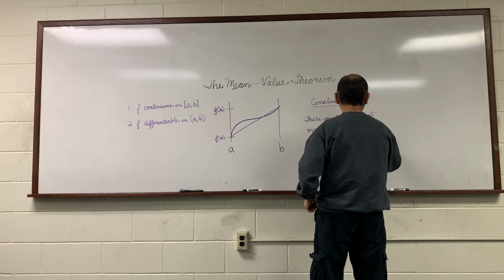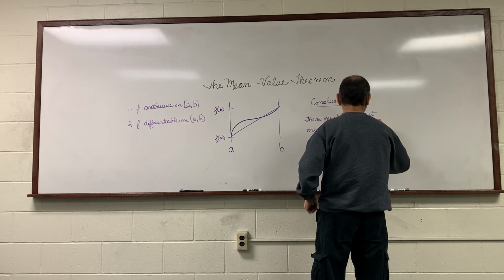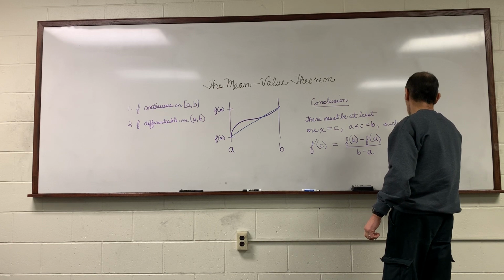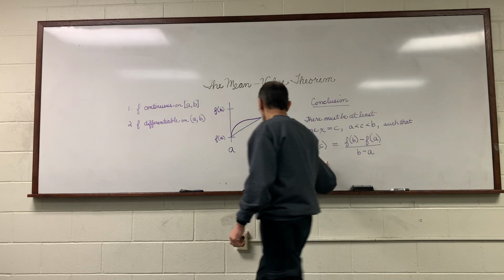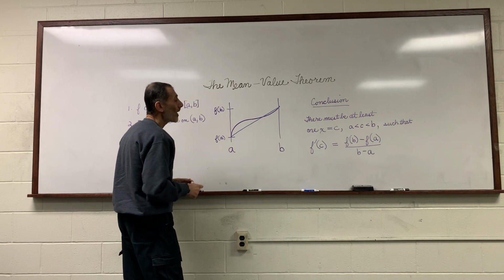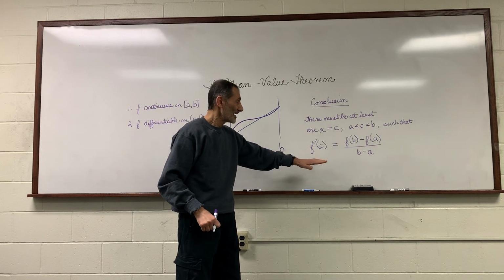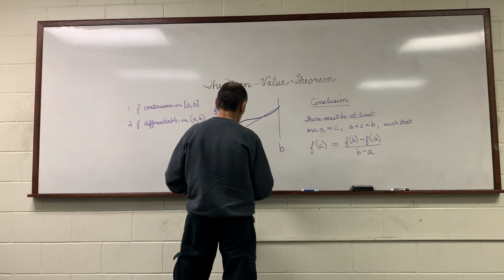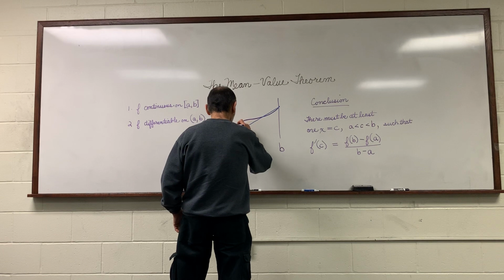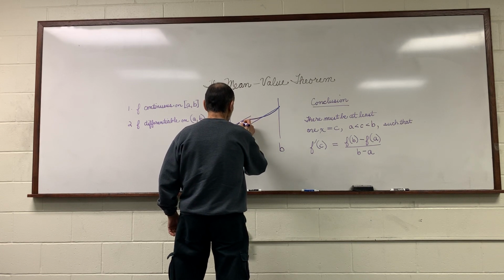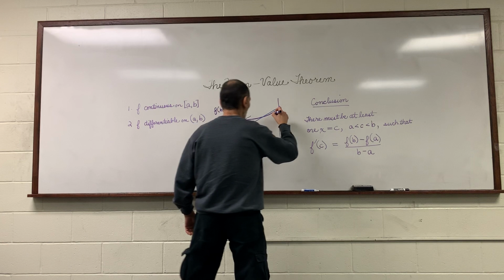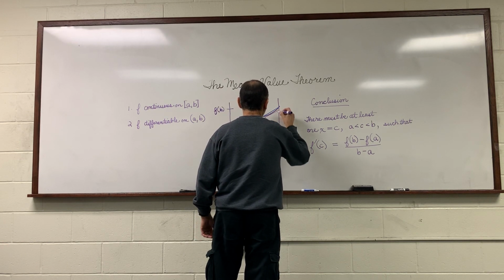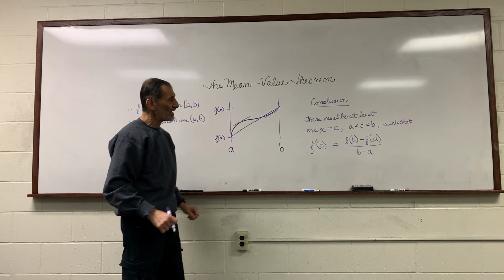where c is between a and b, such that the slope of the tangent line, the instantaneous rate of change, and we can see that there are at least two here, all right about here, the slope of the tangent line here, and the slope of the tangent line here, equal the slope of the secant line connecting the endpoints.